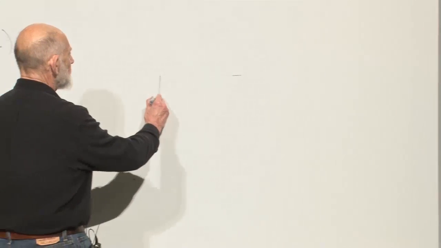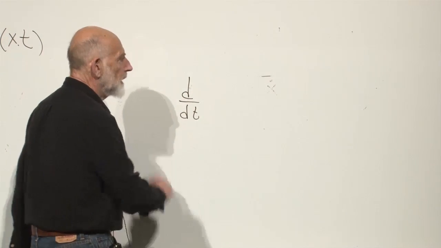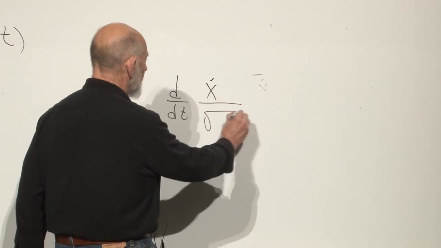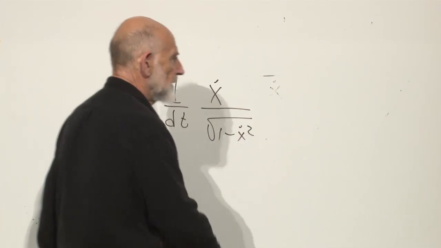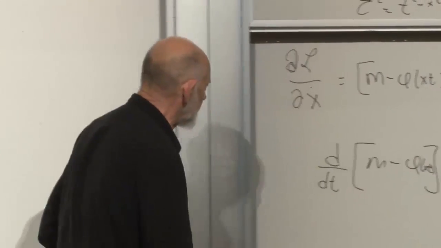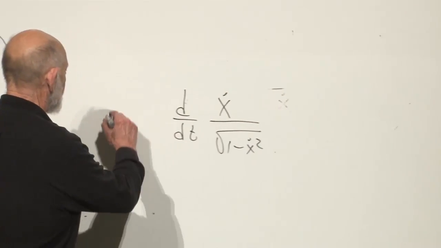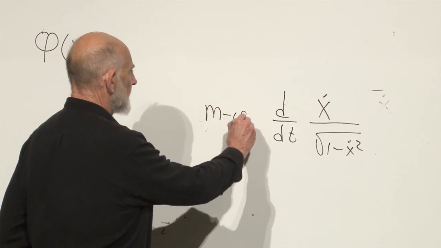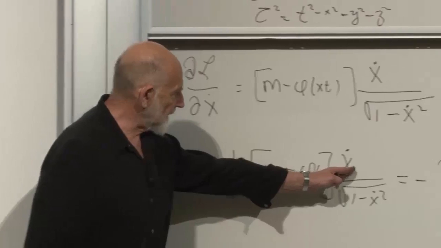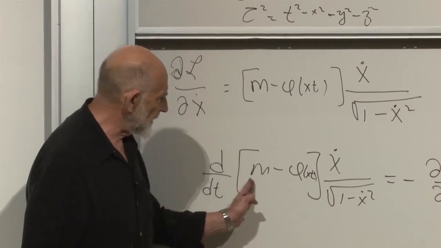So you get a term which is d by dt of x dot over the square root of 1 minus x dot squared. That in itself is not very pretty. That's when the d by dt hits this term, times m minus phi.